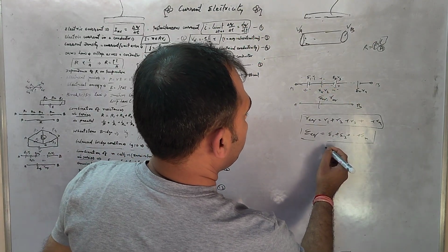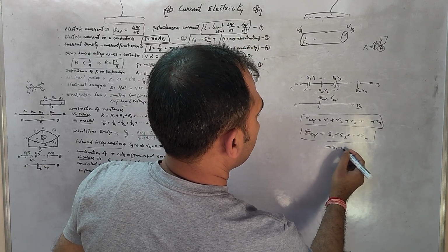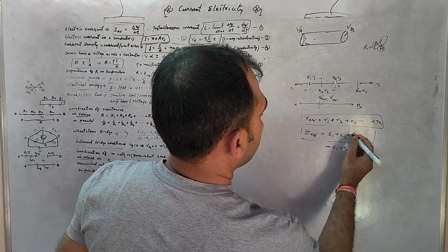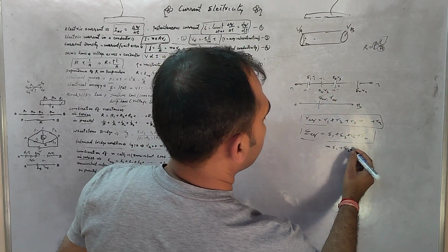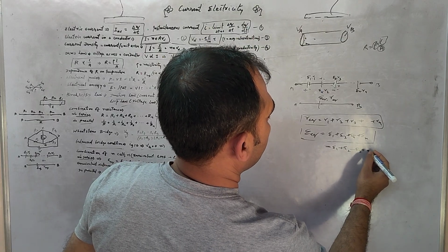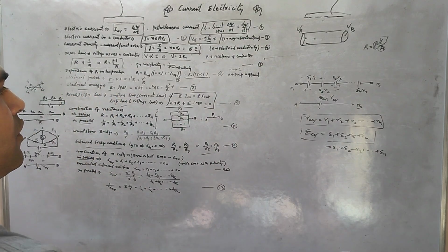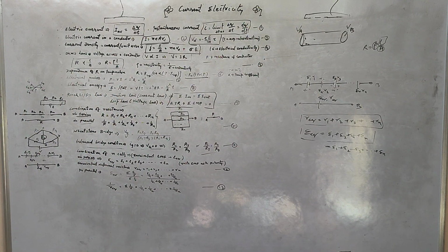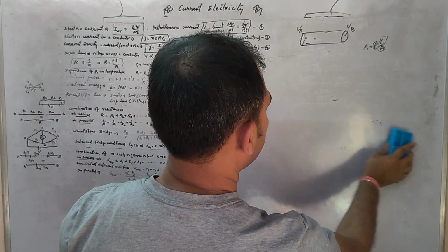So here we will have equivalent E1 positive, E2 positive, here E3 was also positive, but now here E3 will be negative, opposite direction, plus so on, plus En. I hope you got it. So you will have to remember to write EMF with polarity in this case.